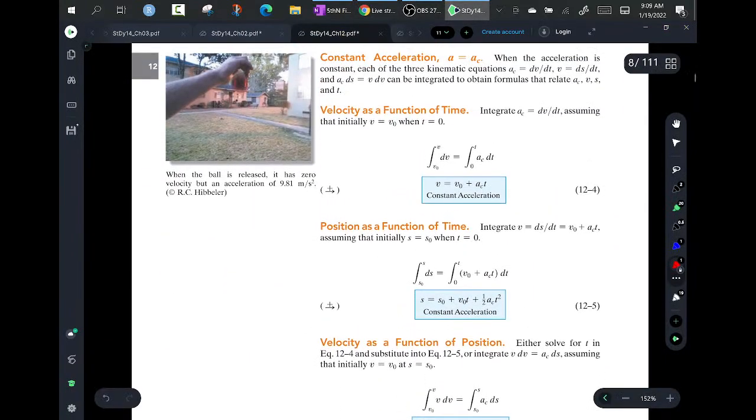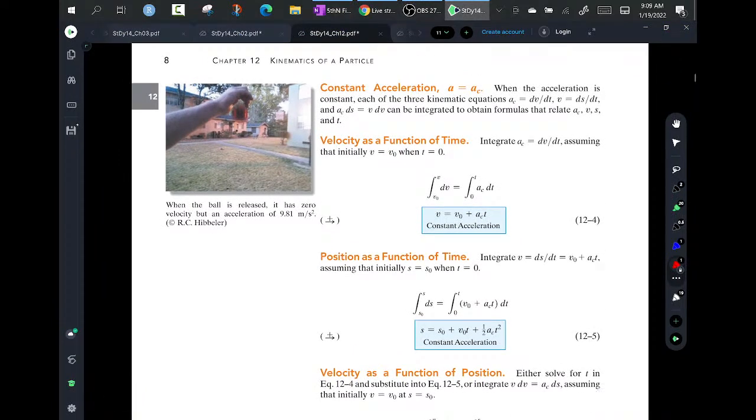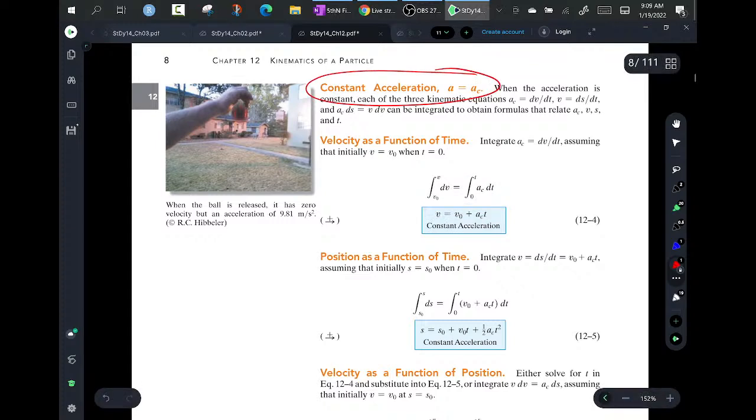I covered this. Essentially, if you had constant acceleration, then you can pull this out of the integral and you'll get a term that sits like this. Then you could say, okay, this is for constant acceleration. Why is constant acceleration so important? Well, gravity is equal to a constant.